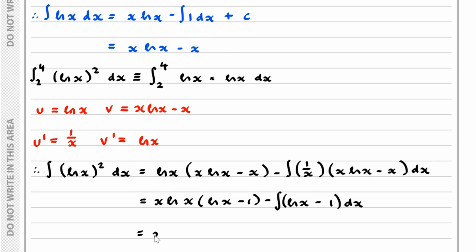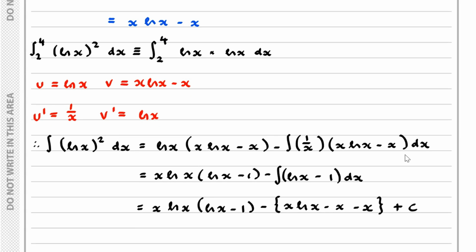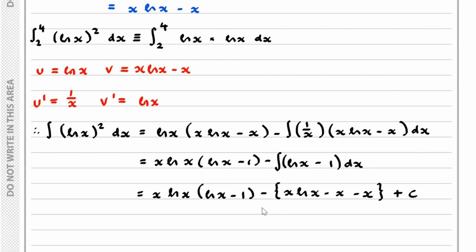Now, the integral of natural log of x we've just worked out. So we've got x times natural log of x times natural log of x minus 1 minus, now, the integral of natural log of x is equal to x times natural log of x minus x. And then here, the integral of minus 1 is minus x. And then we've got the plus c.